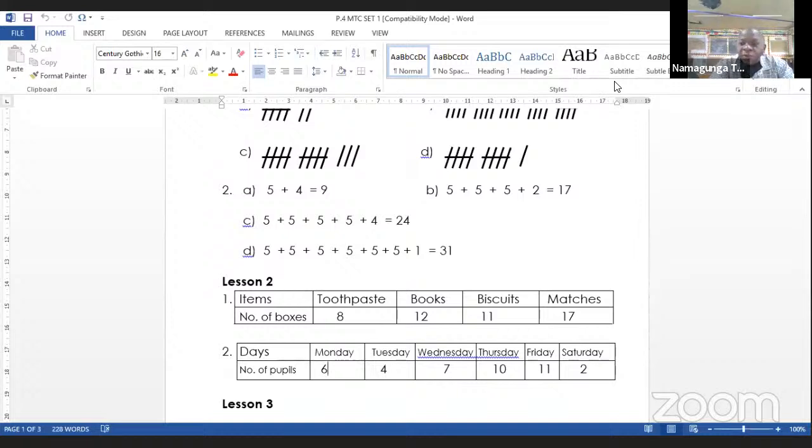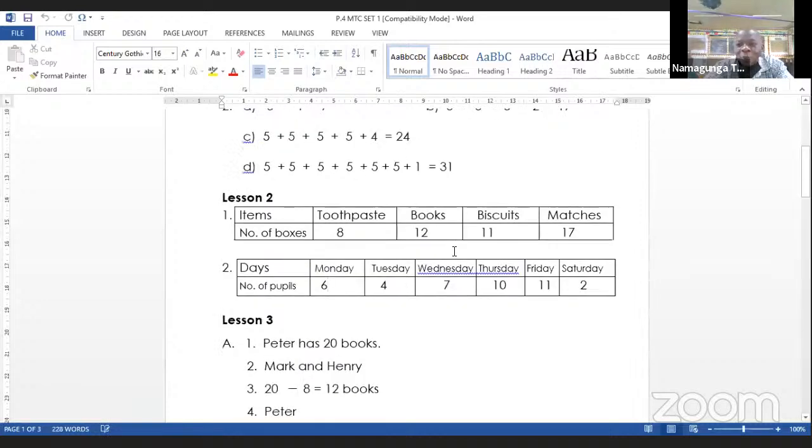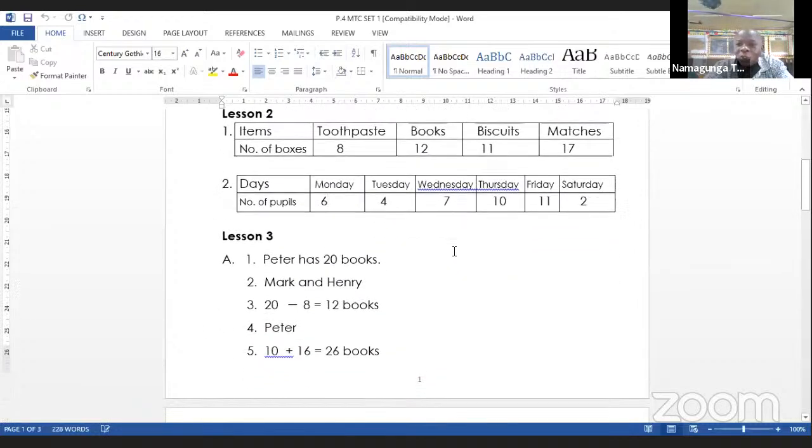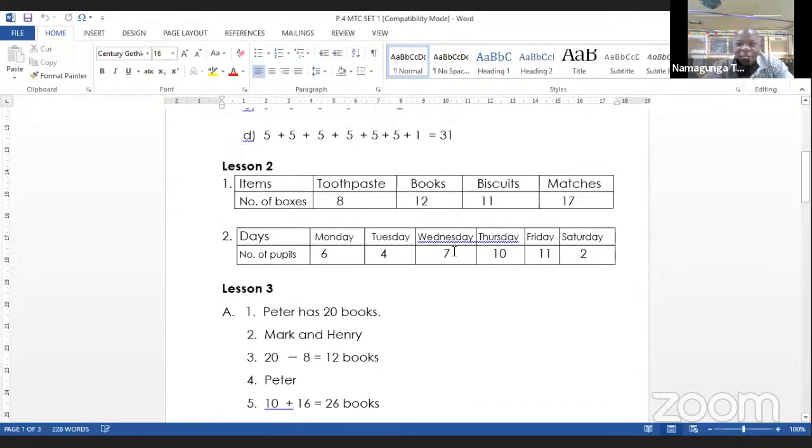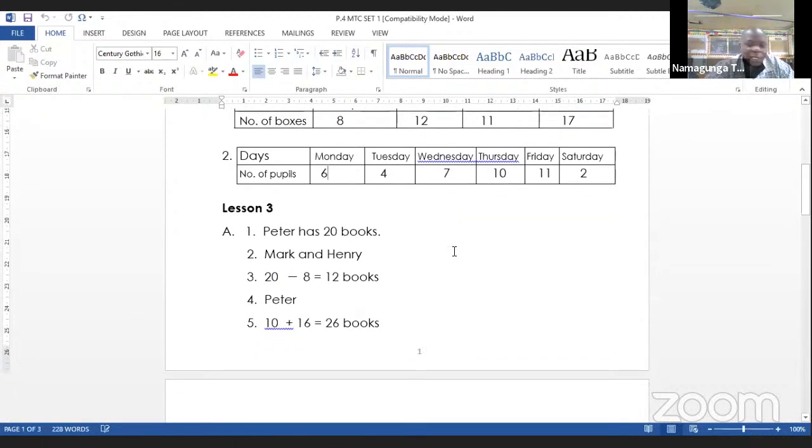Now we move to the next part where we have bar graphs. You remember very well in primary 3, we did work about bar graphs. We are able to answer questions about bar graphs, and you all still remember that. Now, our task today is the same. It's not hard.